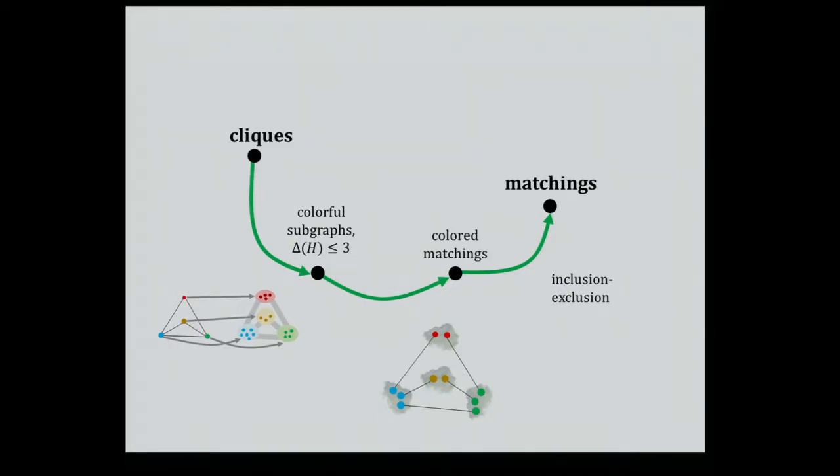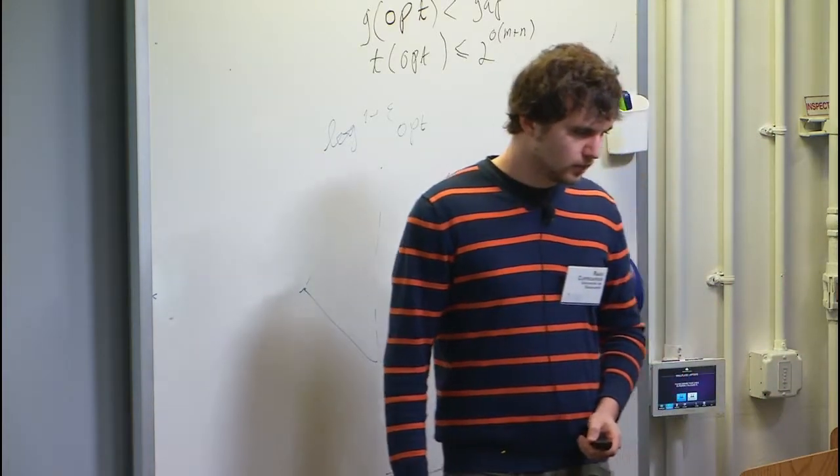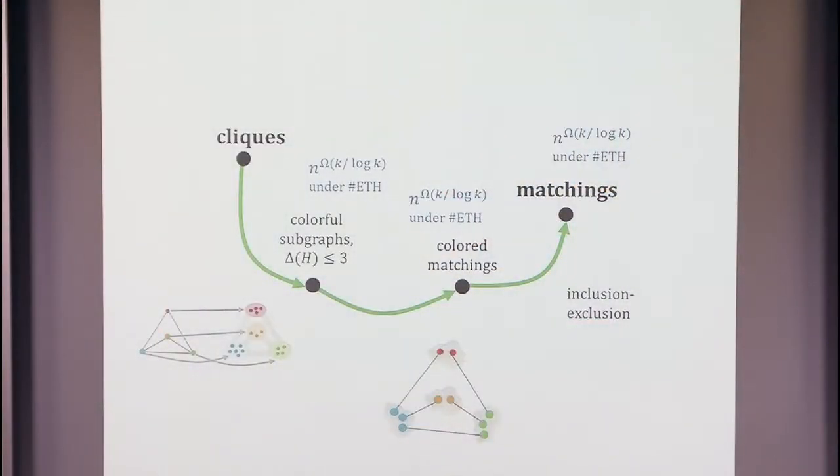And this is a setting where you can apply inclusion-exclusion. And then also quite nicely, since there is this lower bound for counting colorful subgraphs, we also get lower bounds for counting matchings under sharp ETH. And these lower bounds are unfortunately not really tight, but I'll mention later what could possibly be done to get tighter lower bounds here.